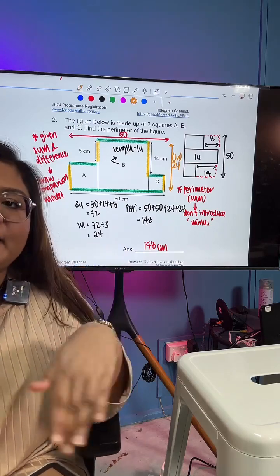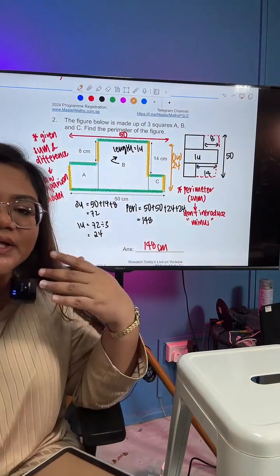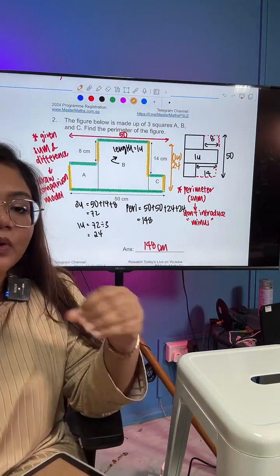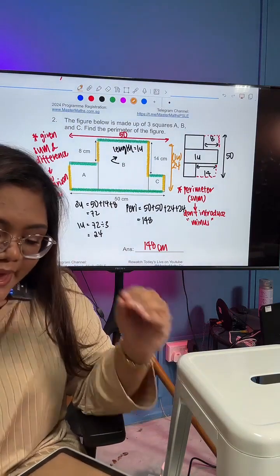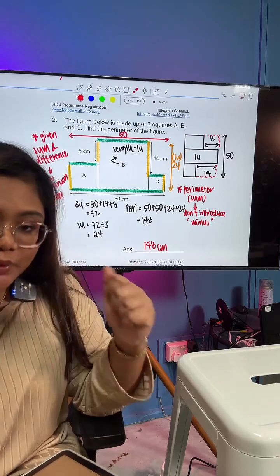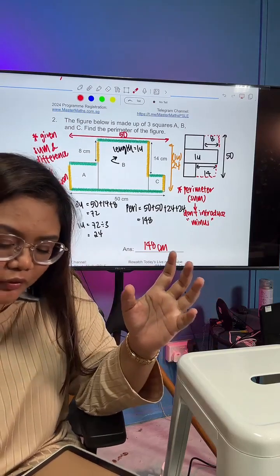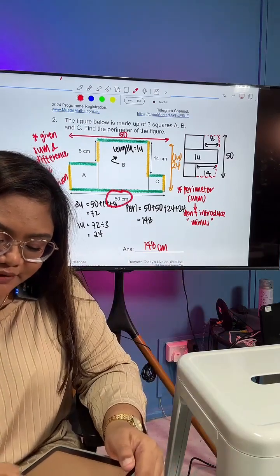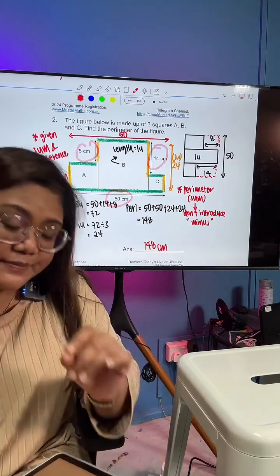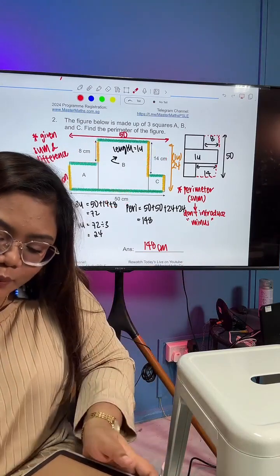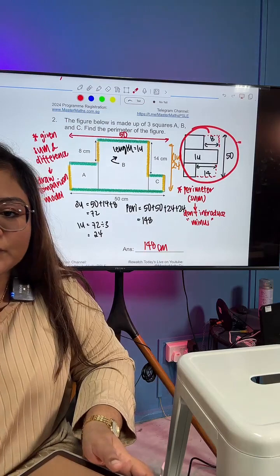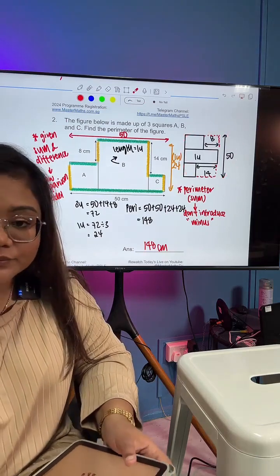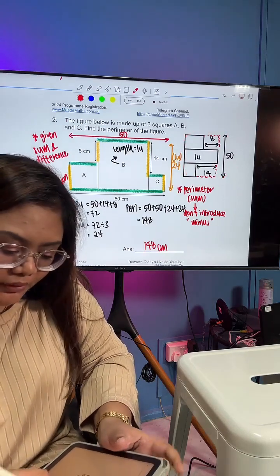Alright, one more time. I understand that this part is a little bit difficult to understand, but what I want to share with you are tips and tricks to visualize questions easily. It looks like this question doesn't have a lot of information, but it taps on what we have learned in primary 3, which is comparison model. Can follow? One more time.